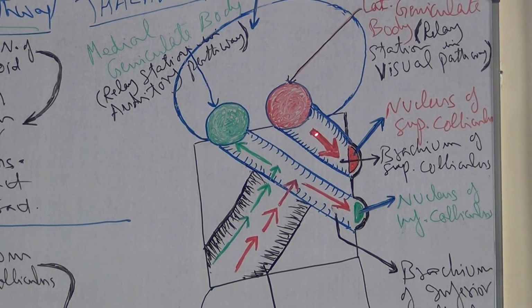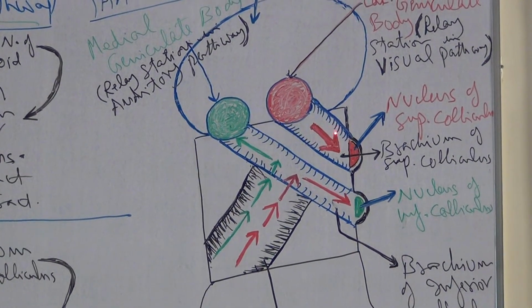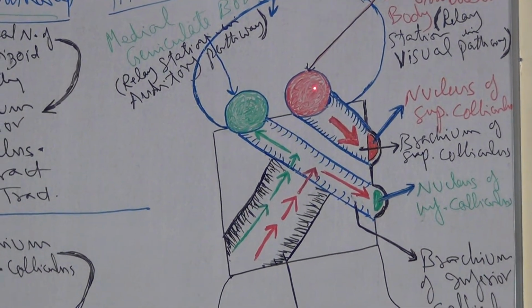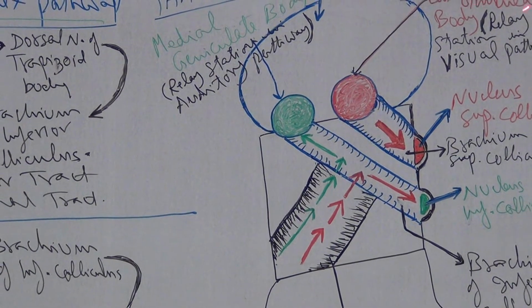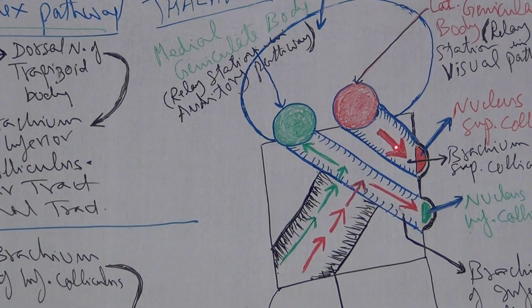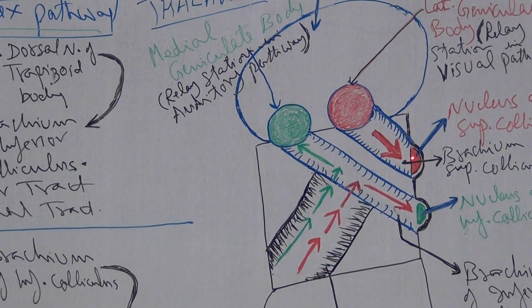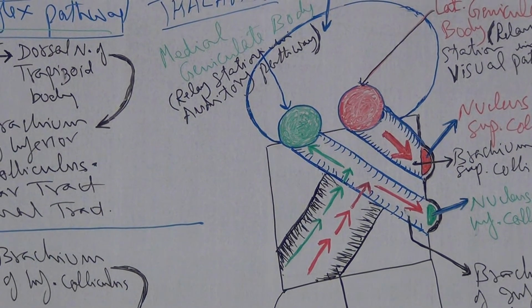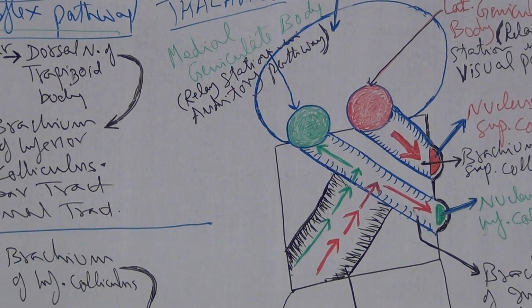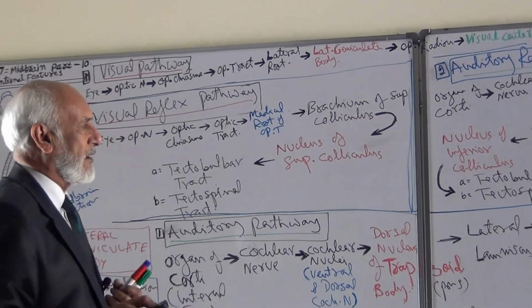Why? Because the fibers of the visual pathway, when they enter the brachium of superior colliculus, instead of relaying in the lateral geniculate body, which is a visual pathway nucleus, run through the brachium of superior colliculus, relay in the nucleus of superior colliculus, and then via tectobulbar and tectospinal tract, they have connection with the motor nuclei of the cranial nerves in the medulla oblongata and the spinal cord.